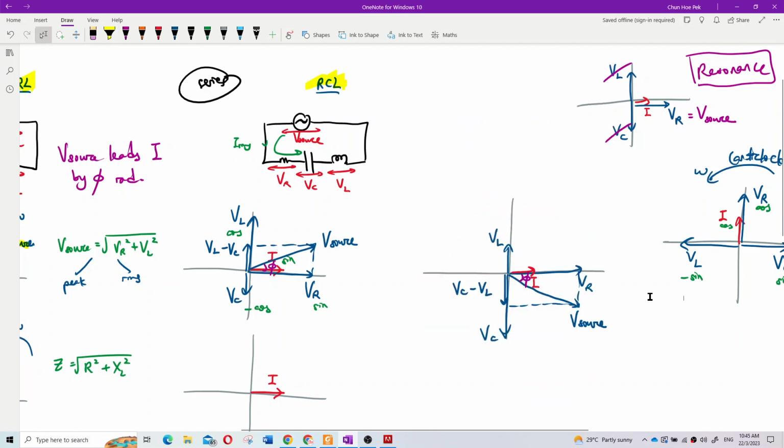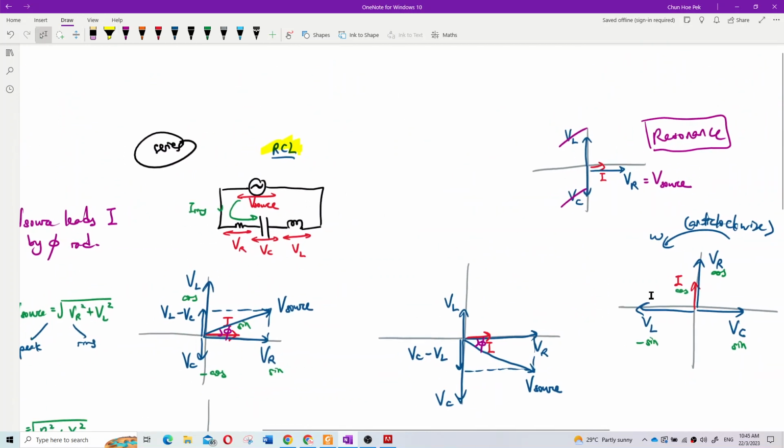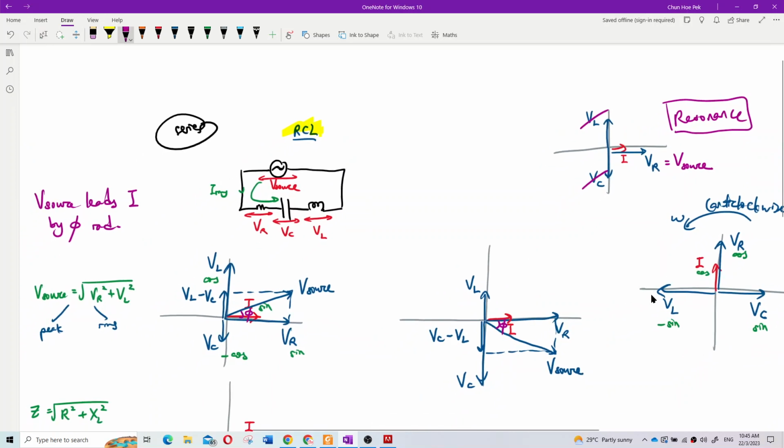Class, are you following? If VL is longer, then V source is leading. If VC is longer, then current is leading. So this one is V source leads current by phi radian.